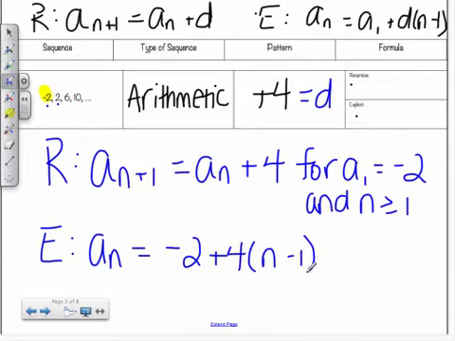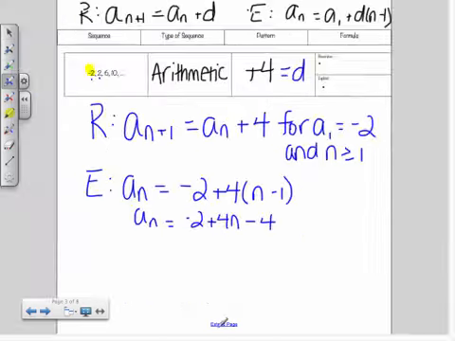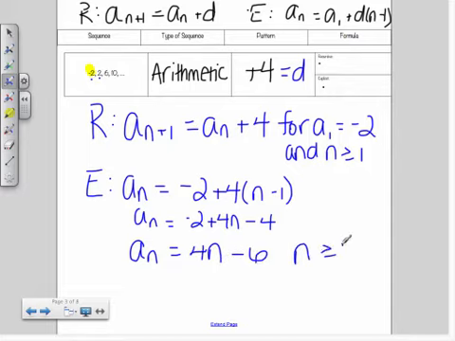And then all I'm going to do is distribute it. So I get a sub n equals -2 plus 4n minus 4, which means that my a sub n is going to equal 4n minus 6 for n is greater than or equal to 1.